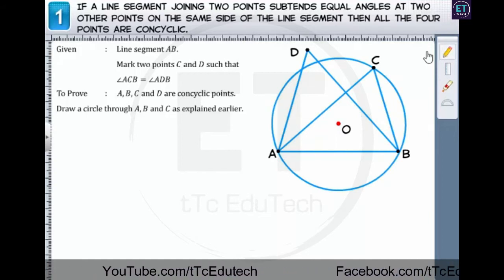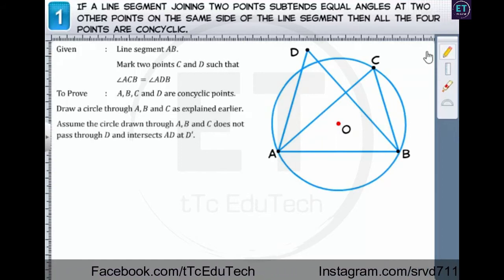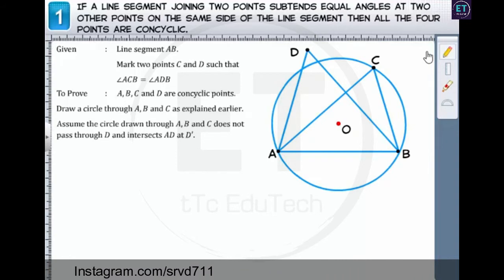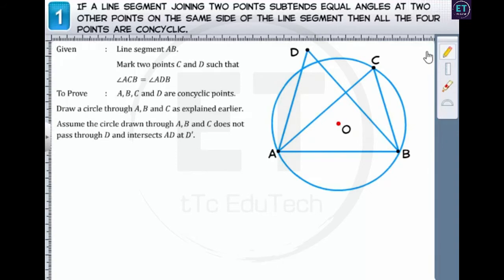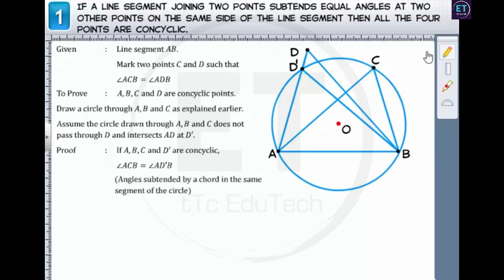For proving the theorem, let us suppose that the circle drawn through A, B and C does not pass through D, but intersects AD at D dash. If the circle through A, B and C passes through D dash, then angle ACB is equal to angle AD'B. This is because the angles subtended by a chord in the same segment of the circle are equal.